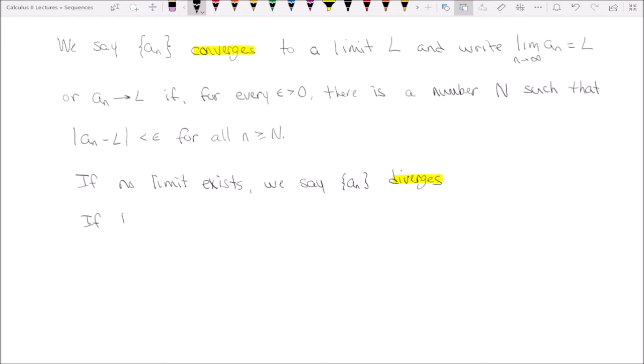If the terms increase without bound, that is, they just keep on increasing, or the limit is infinite, we say that a sub n diverges to infinity.